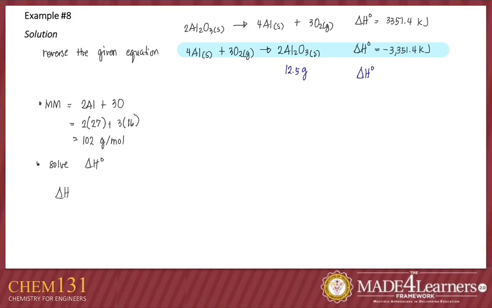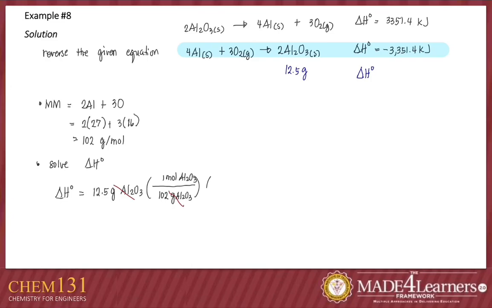So delta H with a degree, don't forget the degree symbol because it is standard, and we always start with the given 12.5 grams, and take note this is for Al2O3. So using our molar mass as conversion factor, for every 102 grams of Al2O3, that's equivalent to 1 mole Al2O3, and we can cancel grams.